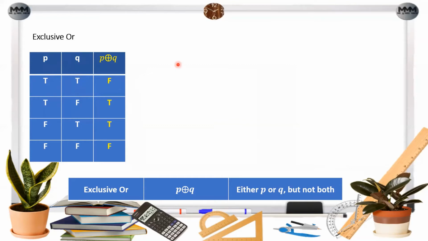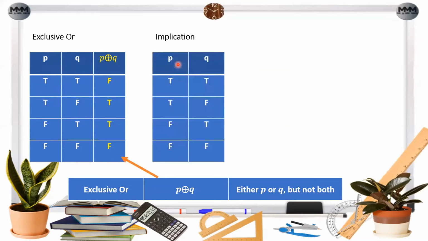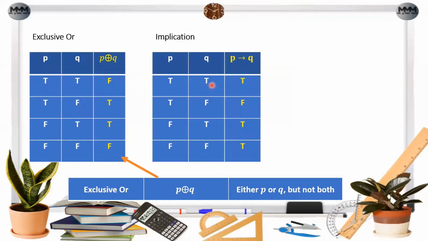Next, let's have implication. For implication, consider again the two propositions with their corresponding truth values. Then for the compound statement, if P, then Q, we have this in the last column. So here, if our hypothesis is true, then the conclusion is true. This makes our compound statement P implies Q, or if P then Q, true.